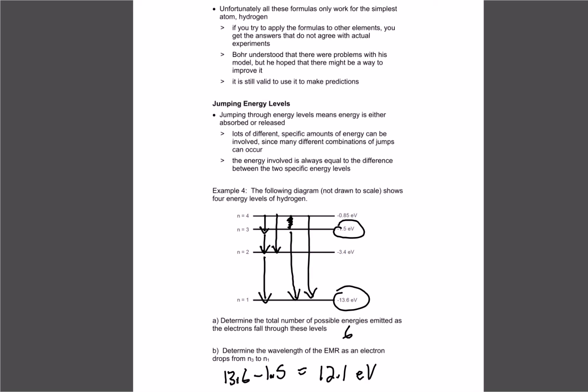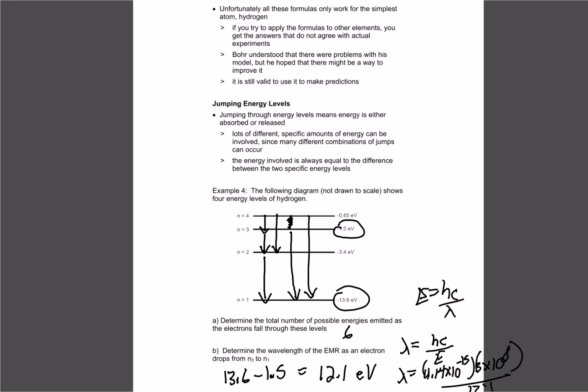So now to calculate the wavelength, we just want to go E equals hc over lambda. So if we just go hc divided by E, that should work. So for h, we want to use our electron volts formula, so 4.14 to the negative 15 times it by 3 to the 8th for our speed of light, and divided by this 12.1.